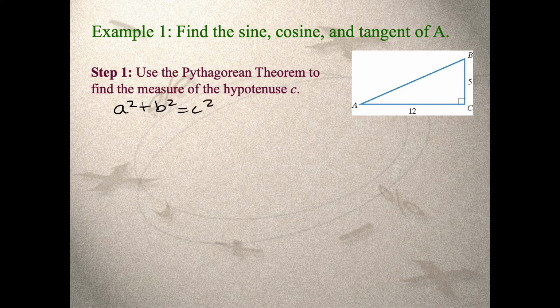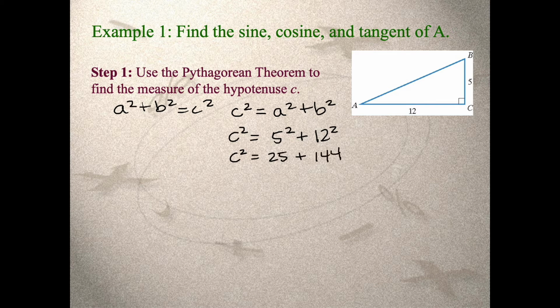Since we're looking for c, maybe we can rearrange this: c squared equals a squared plus b squared, whatever you're most comfortable with. But we can substitute in for a because that's the side marked with 5, and then b is equal to 12. Go ahead and raise those numbers to the exponents. So 5 squared is 25. 12 squared is 144.